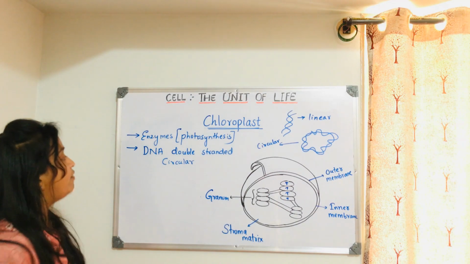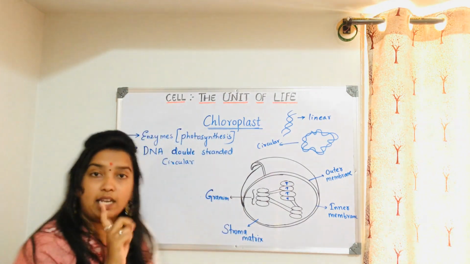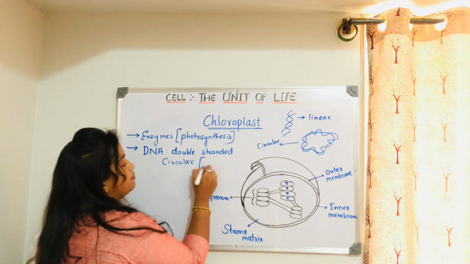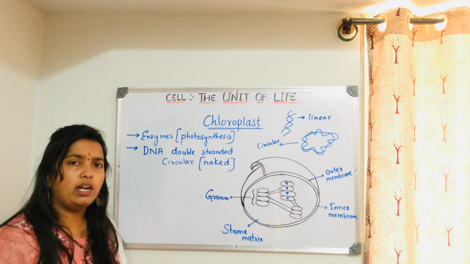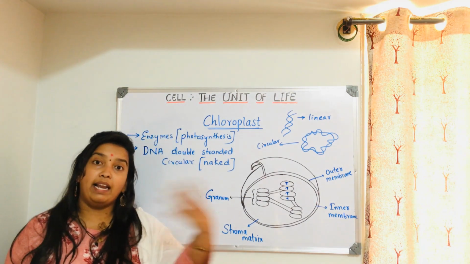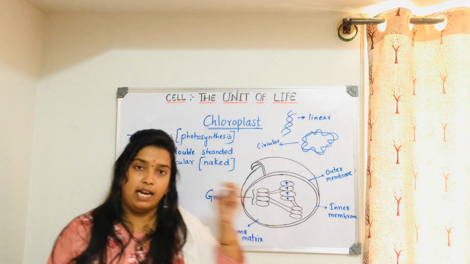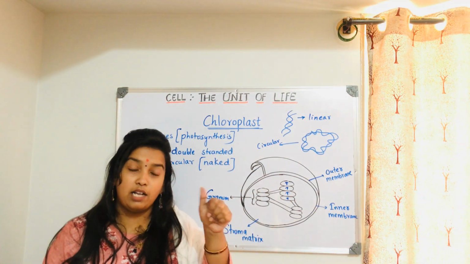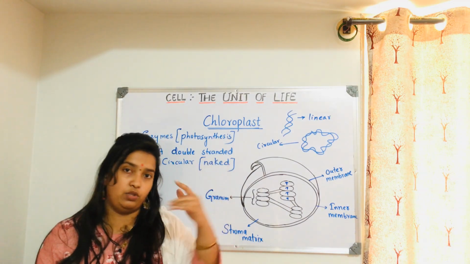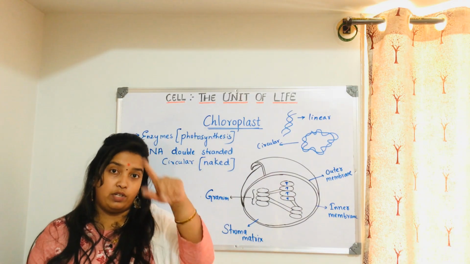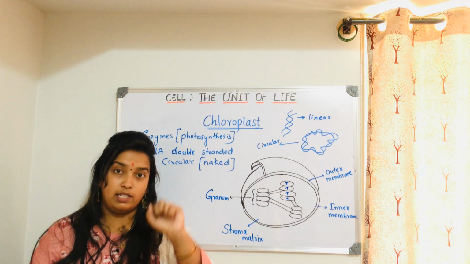Clear? So, they have this double stranded circular DNA, but a very important thing about this DNA is that it is naked. What do you mean by naked DNA now? See, DNA is negatively charged. It has something which is positively charged, which coils it. In molecular basis, you know about this. So you should tell me what is that structure which is positively charged and coils the DNA.